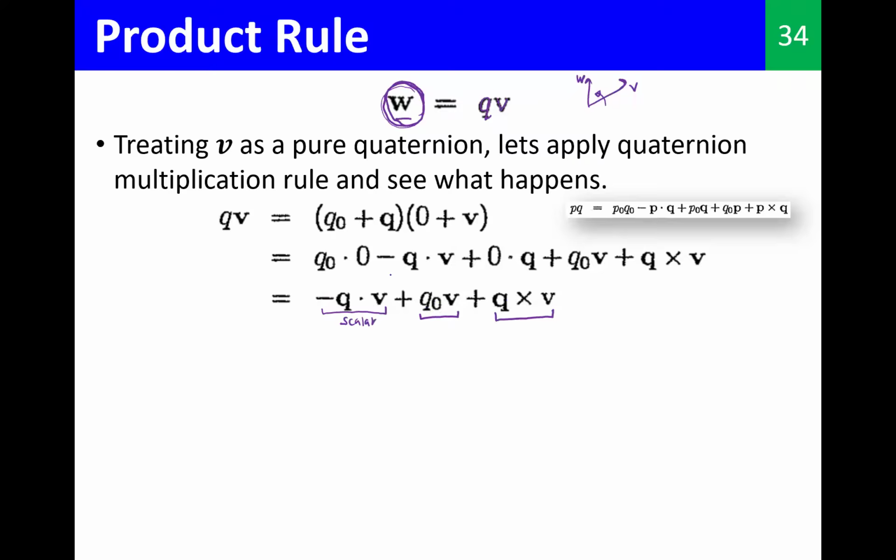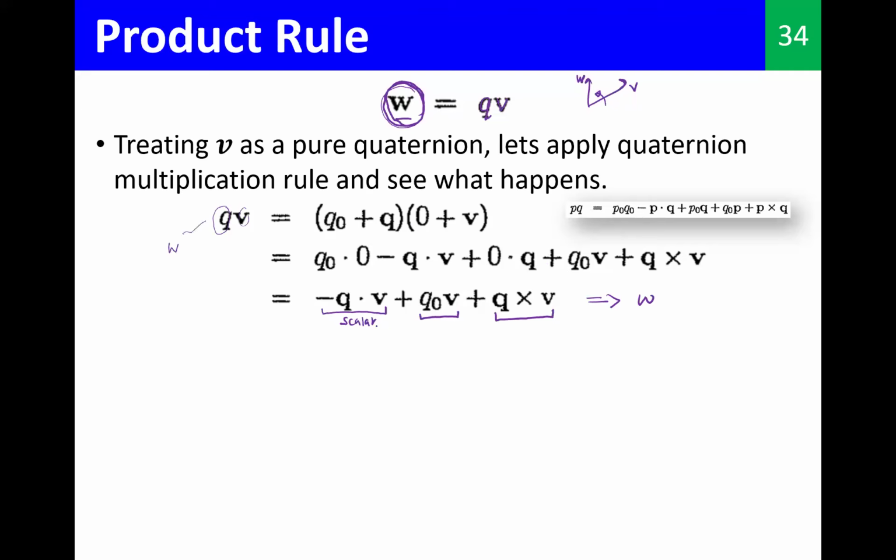Now, can somebody tell me if this is giving us a vector? We are expecting a vector out of it, right? You apply the operator on the vector, we are expecting another vector.